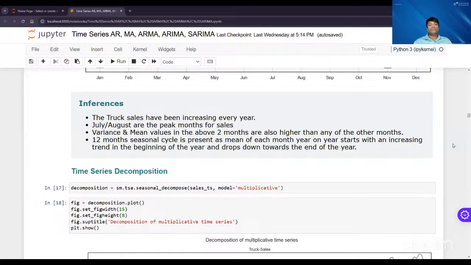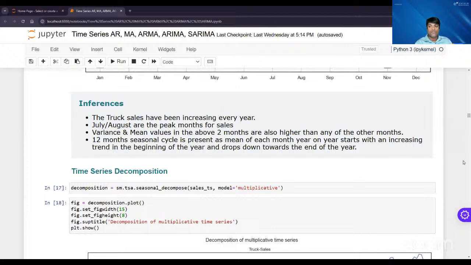Now, a 12-month seasonal cycle is present, as the mean of each month, year on year, starts with an increasing trend in the beginning of the year and drops towards the end. So the trend is increasing and decreasing, increasing and decreasing. So there is no consistency in what is happening inside the sales part.